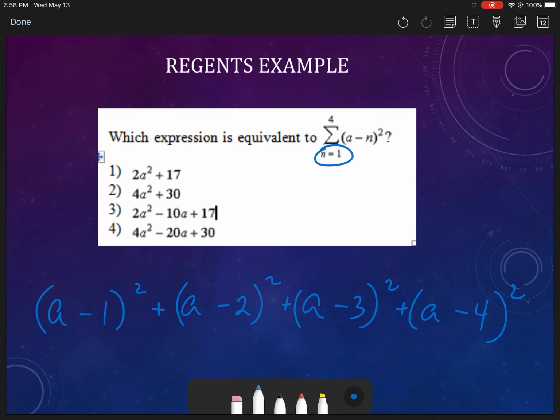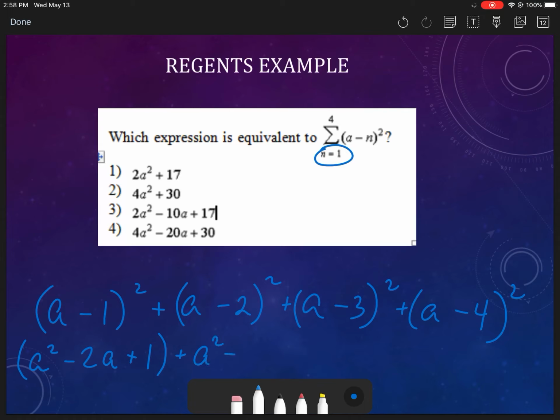A minus 1 times a minus 1. All right, that's going to give you a squared minus 2a plus 1. Okay, I'm still going to use parentheses here because it's going to be a lot when I first write it out before I clean it up.